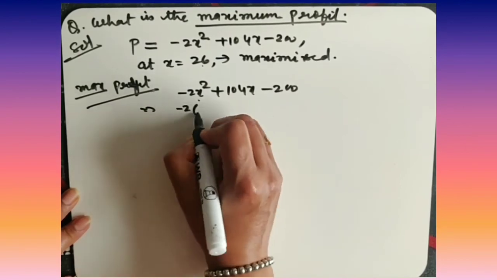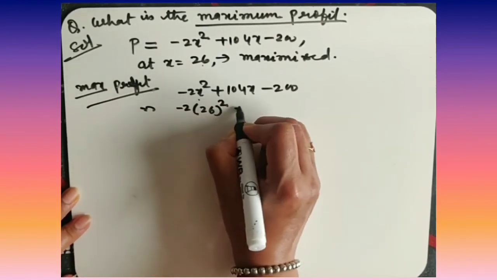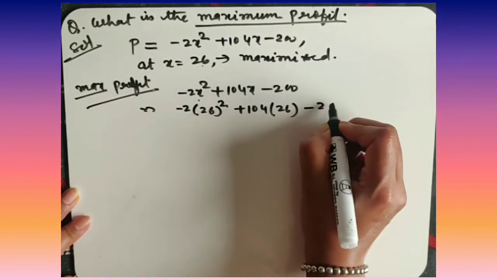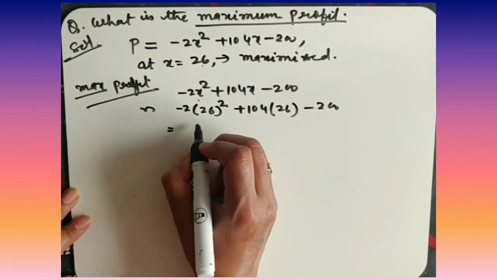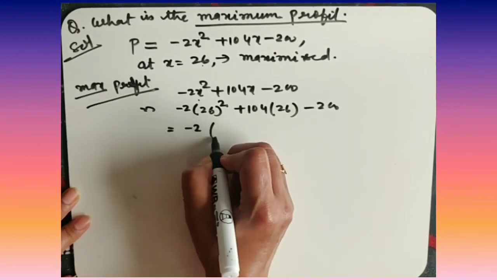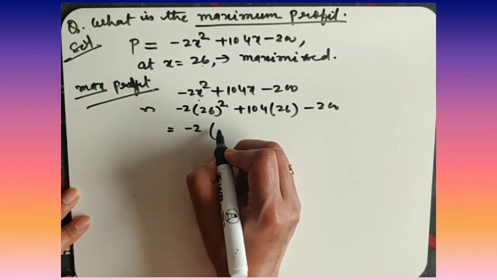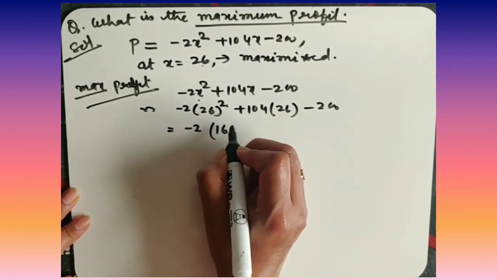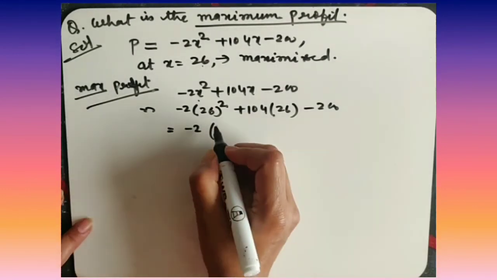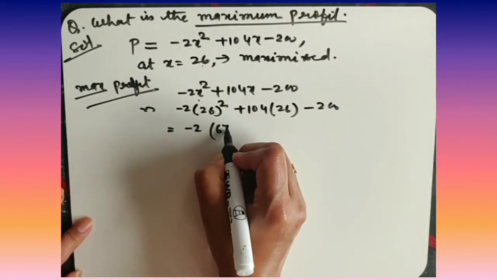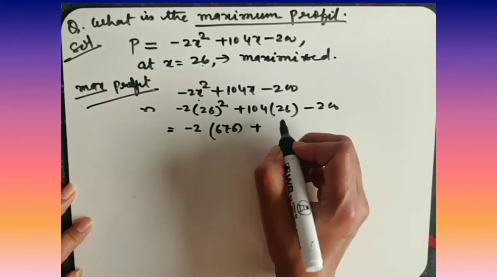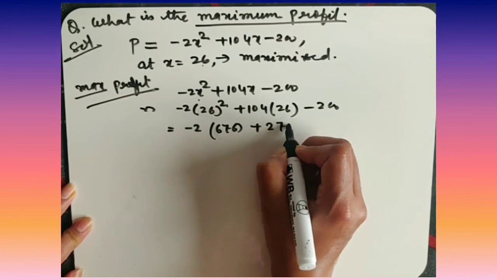So minus 2 times 26 whole square plus 104 times 26 minus 200, and calculate it. 26 whole square gives you 676, and 104 multiplied by 26 gives you 2704.